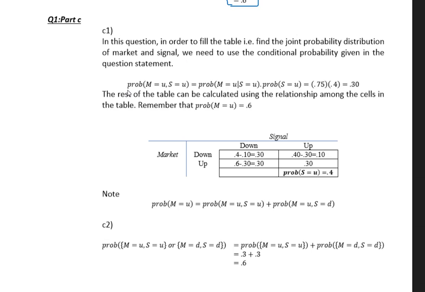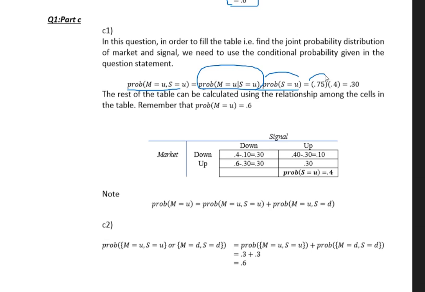To calculate the joint probability, we need to use this conditional probability formula, which says that we need to multiply this part, the probability of the market being up given the signal is up, by this part, the unconditional part of this formula, the probability of the signal being up.